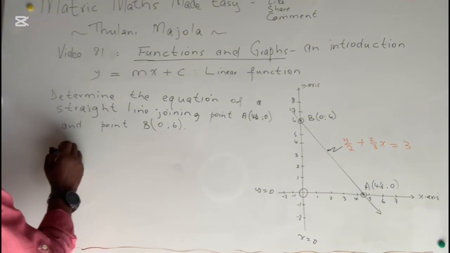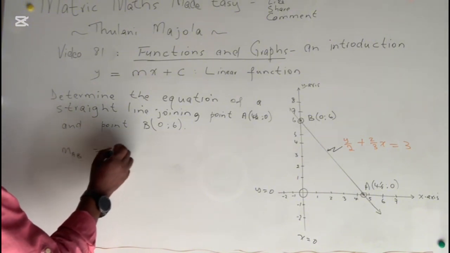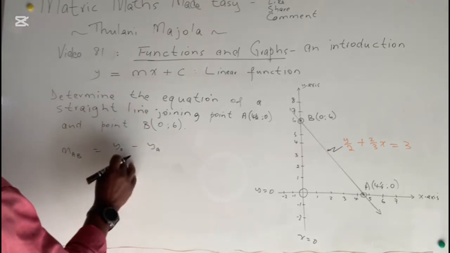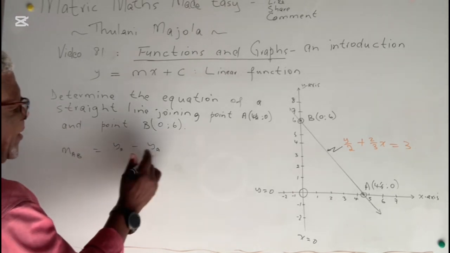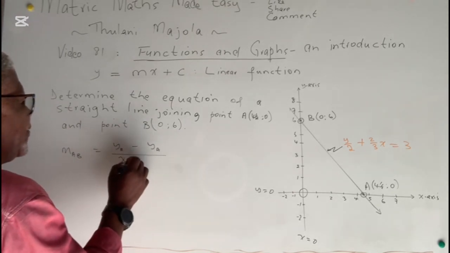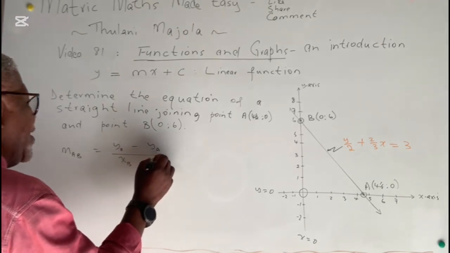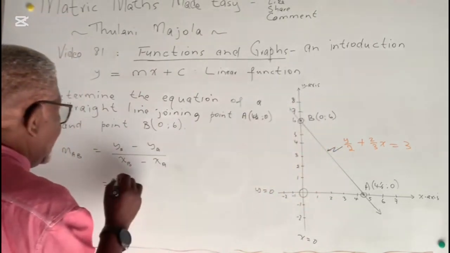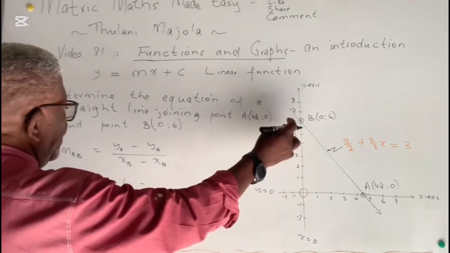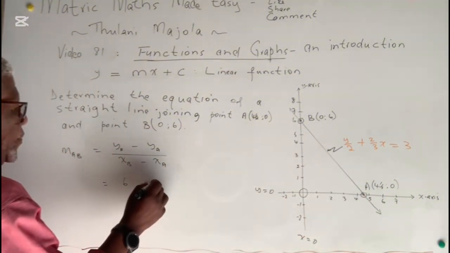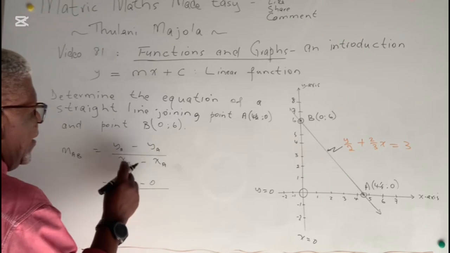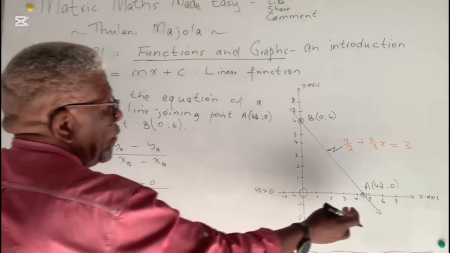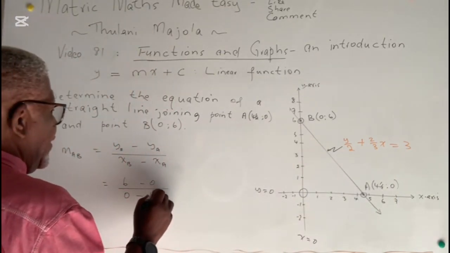So the gradient of AB, we know, is equal to the y coordinate at B minus the y coordinate at A, divided by the x coordinate at B minus the x coordinate at A. The y coordinate at B is 6, minus the y coordinate at A, which is 0 on the x-axis, divided by the x coordinate at B, which is 0, minus the x coordinate at A, which is 4.5.